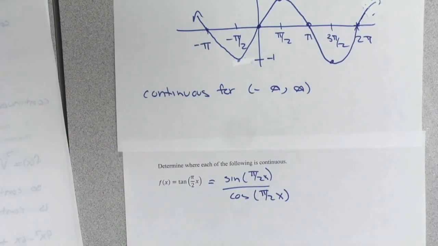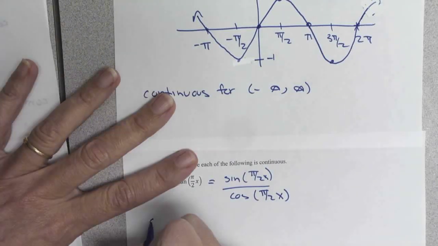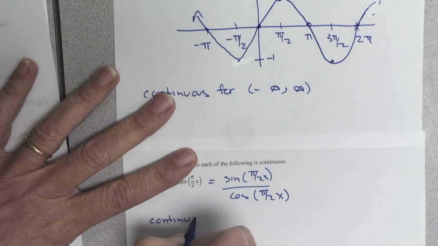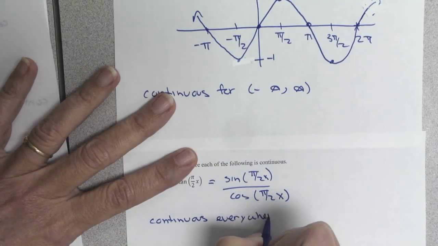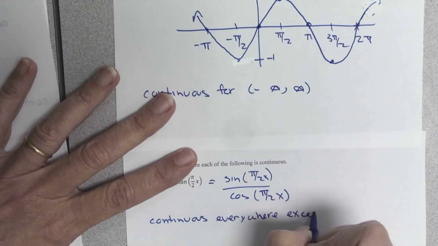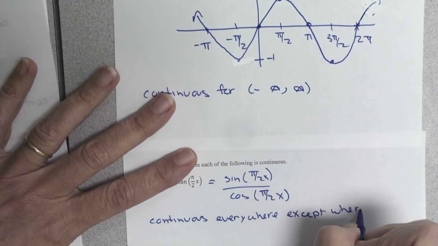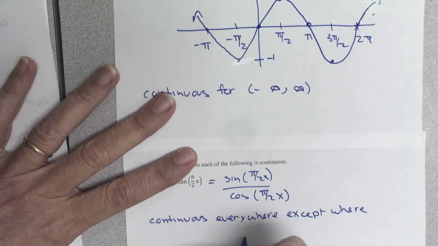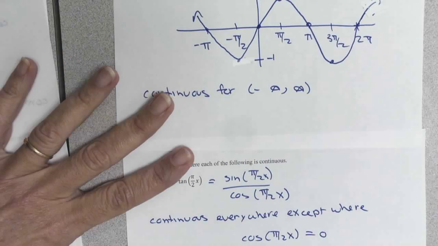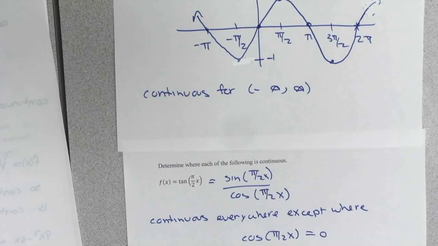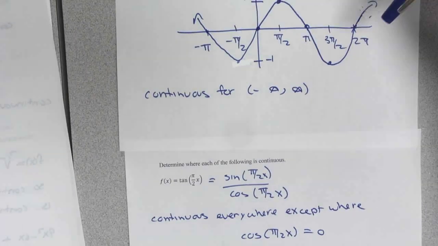So now it's a fraction. And so this will be continuous everywhere except where cosine of pi over 2x equals 0.